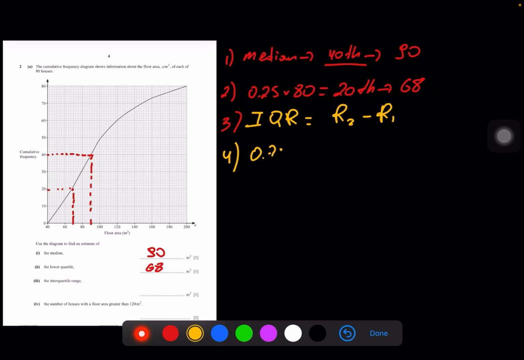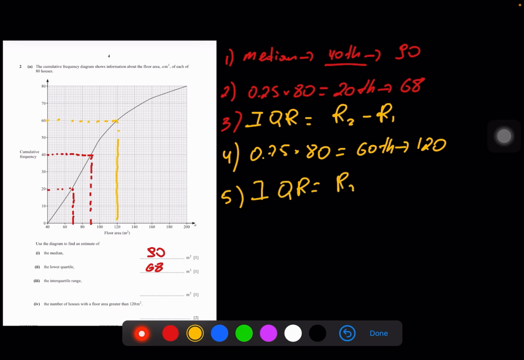It means we have to calculate 75% of 80, and this will be 60. We find the value of x for 60, and this will be 120. The IQR will be R2 minus R1. If we substitute 120 minus 68, it will be 52.